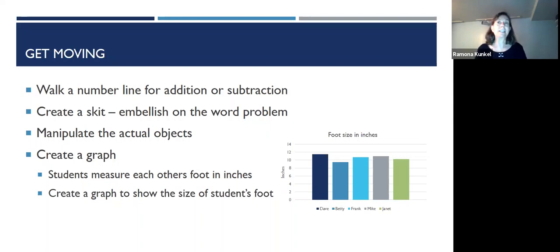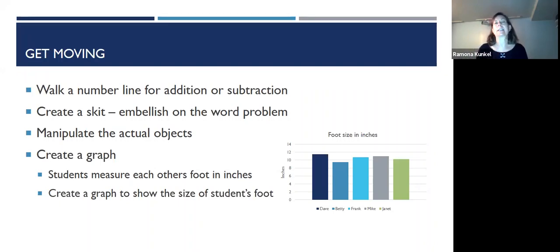You can even take a word problem, word puzzle, and create a skit, embellish it, add writing to the lesson, making it into something really fun. They can go as far as they want with it. Manipulating the actual objects and creating a graph.